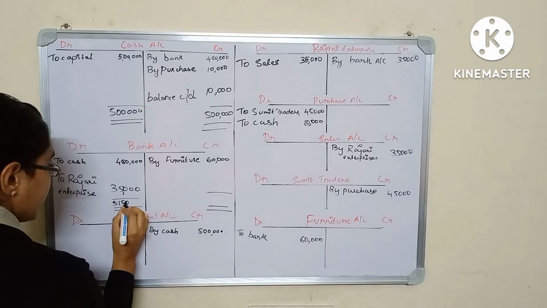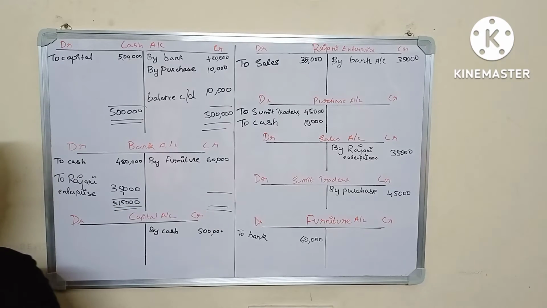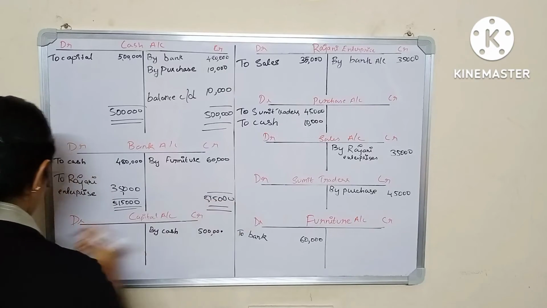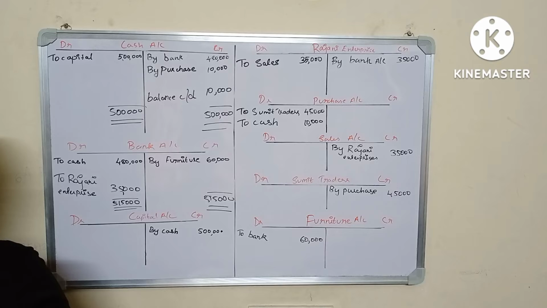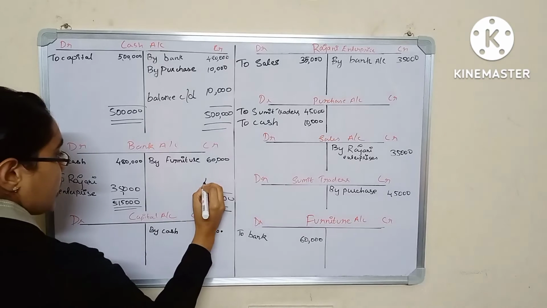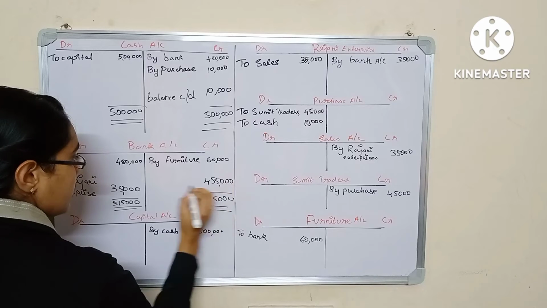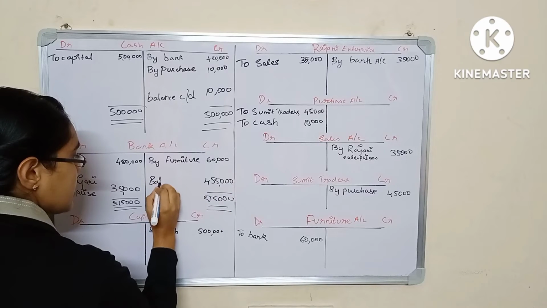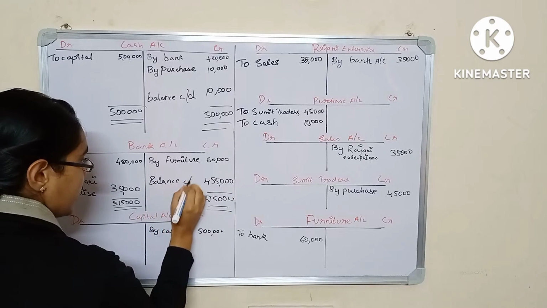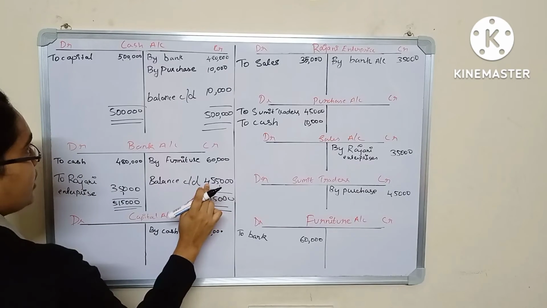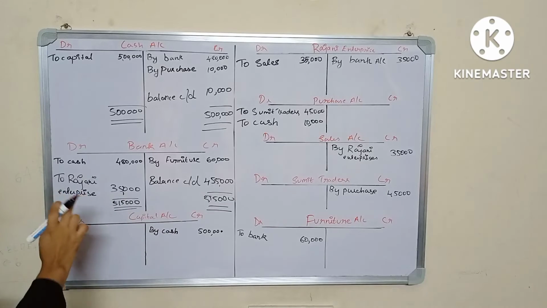And when you minus 60,000 from that, how much will you get? You will get 4,55,000. Balance carried down is 4,55,000. Now that is the bank account.